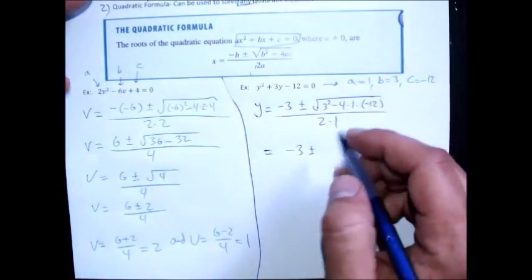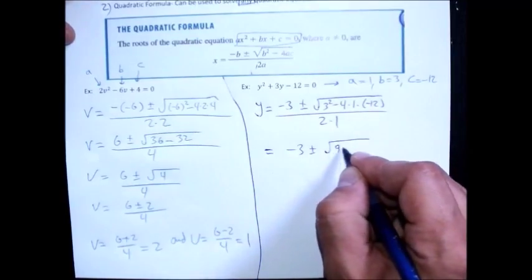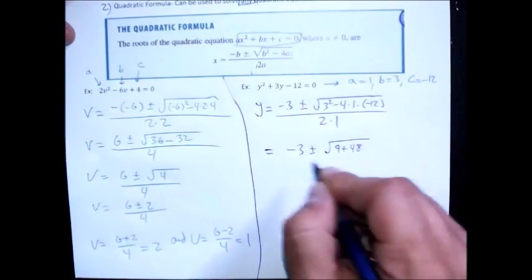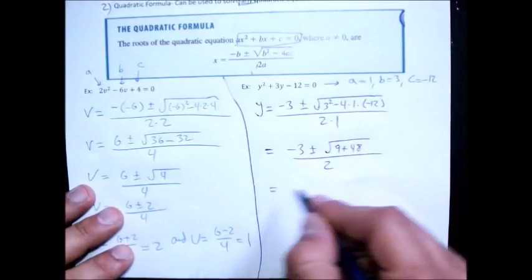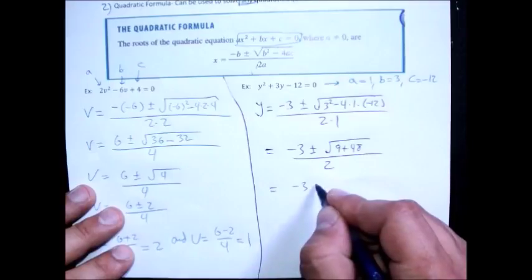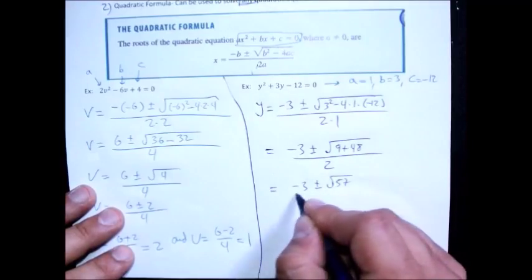So that's going to create a plus, right? So you'll end up with 9 plus 48 over 2. And so you get negative 3 plus or minus the square root of 57 over 2.